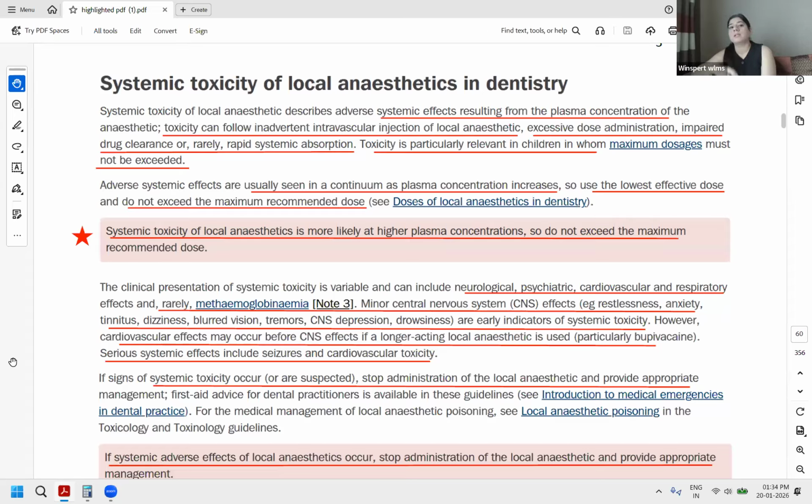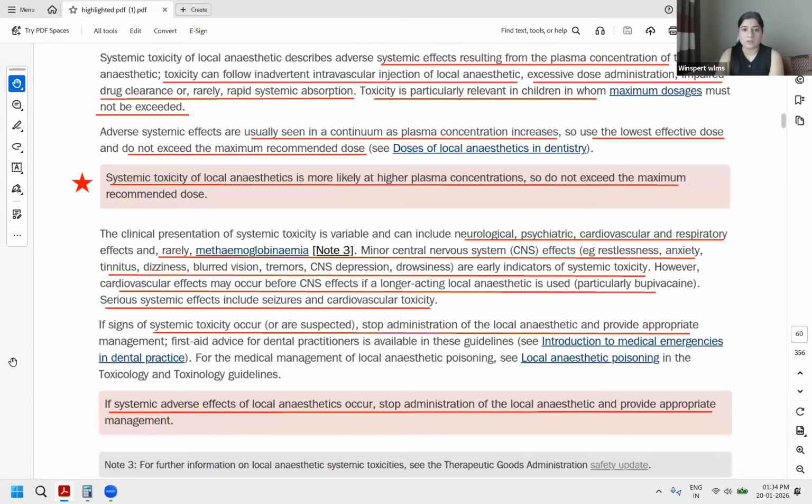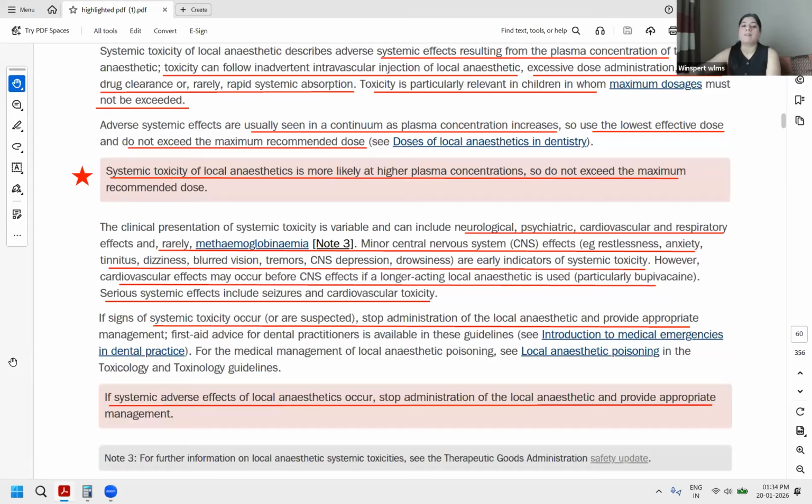Or sometimes because the body's organ system or drug clearance system is impaired, right? With maybe kidney disease or liver diseases. And sometimes in children where you have exceeded the maximum doses. So these kind of systemic toxicity symptoms, they are more likely when you have given higher plasma concentrations.